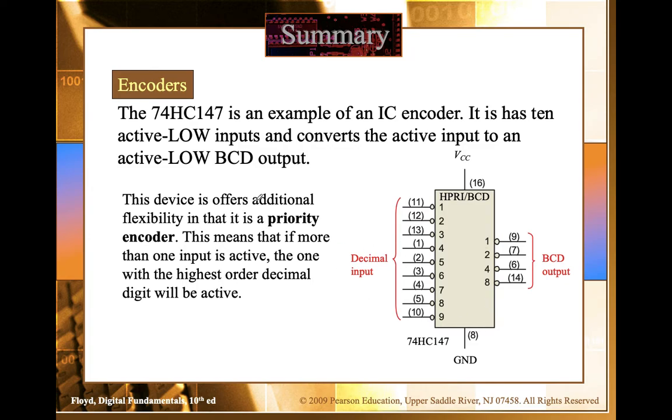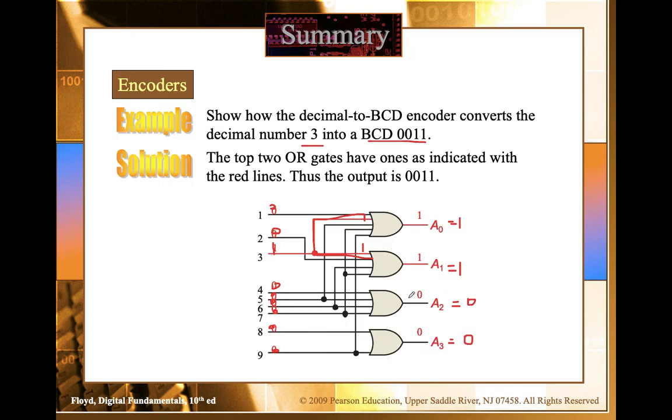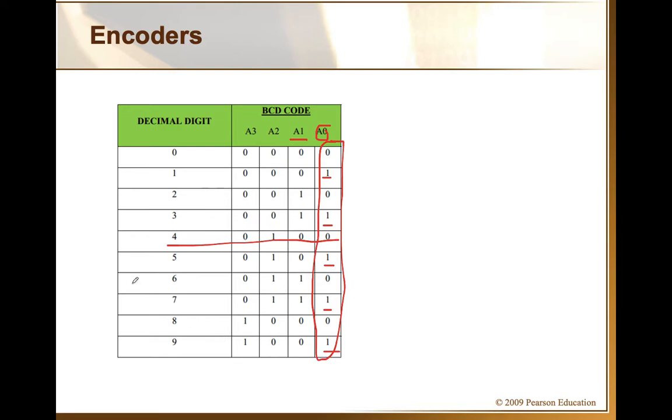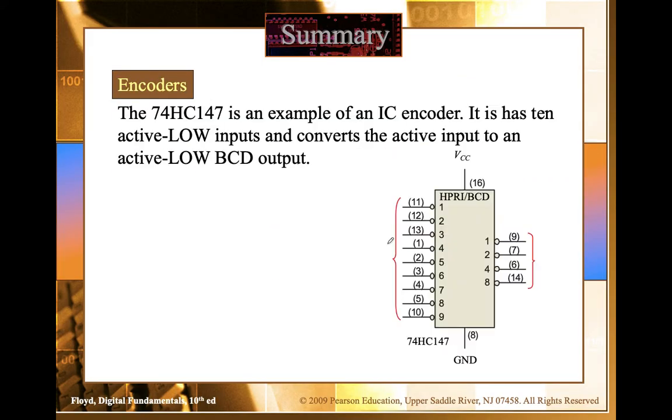This device offers additional flexibility in that it is a priority encoder. We said that at one time only one input will be high, and accordingly the output will be generated. But there could be a situation when you receive multiple inputs.